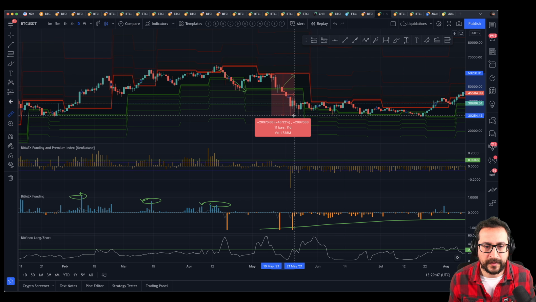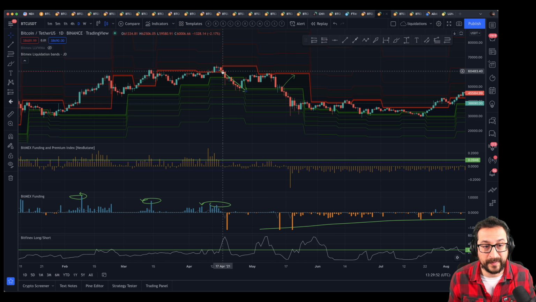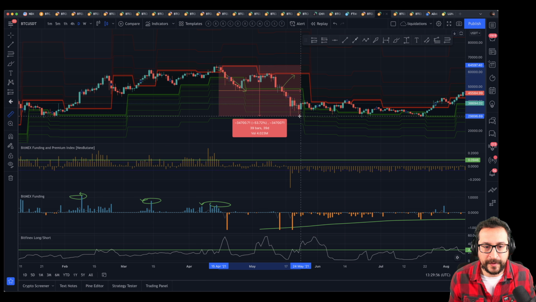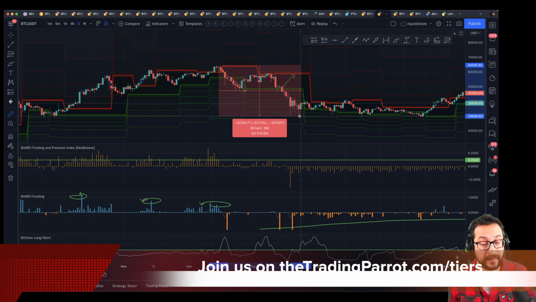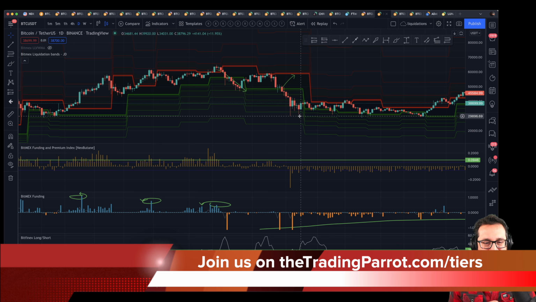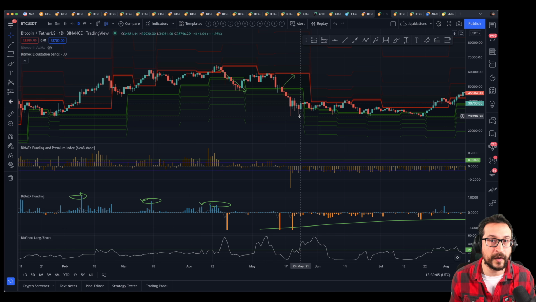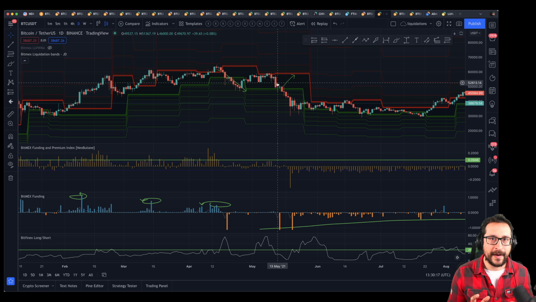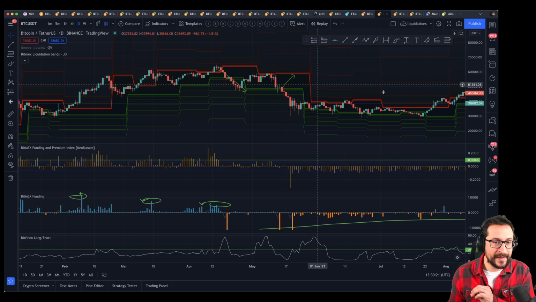This dump is almost 50% from the top. Not to mention that some people might have been in the red from the very top. If you call it from the very top, this is 53%. So just enough to liquidate lots of long positions in the market. And that's what people call a wipe of leverage in the market, at least from longs. But this can happen exactly the same to the upside.